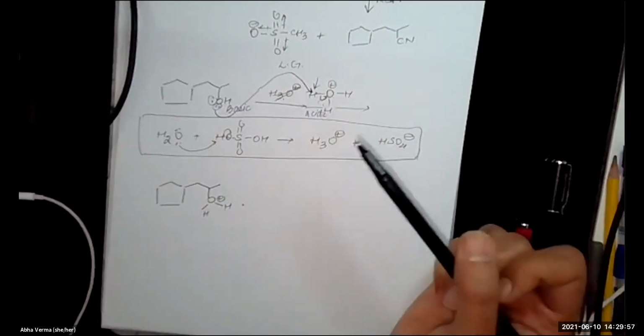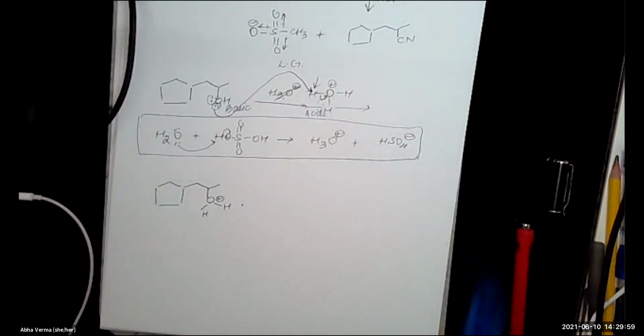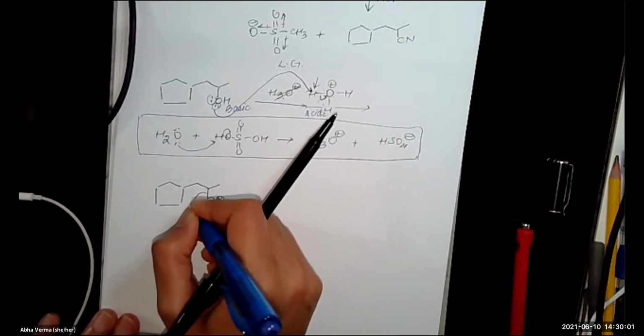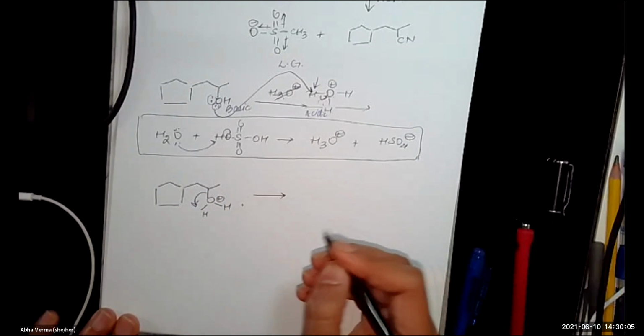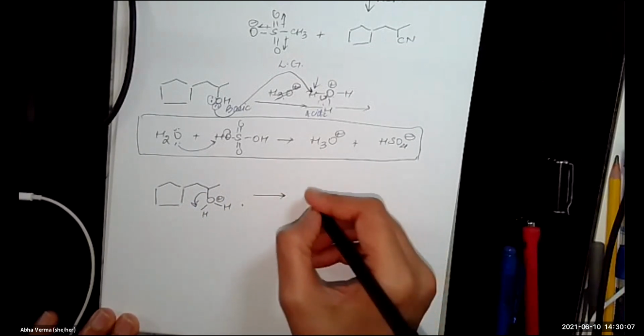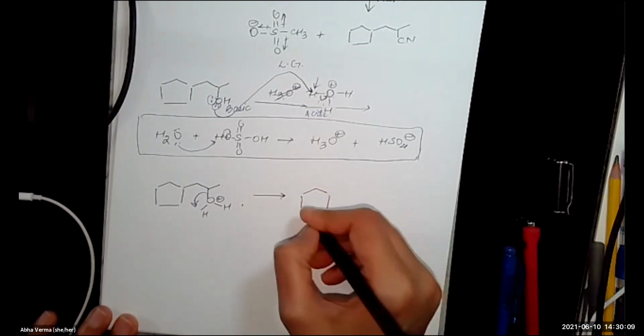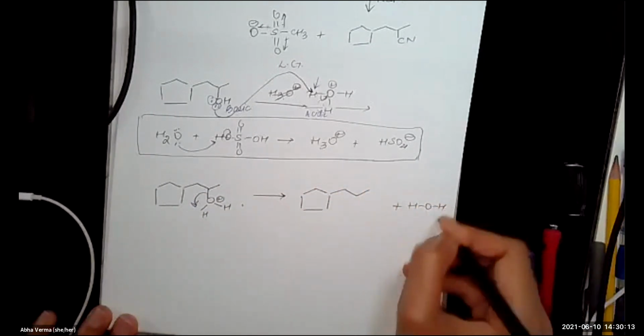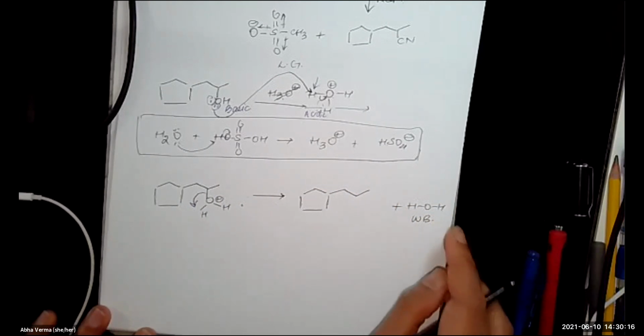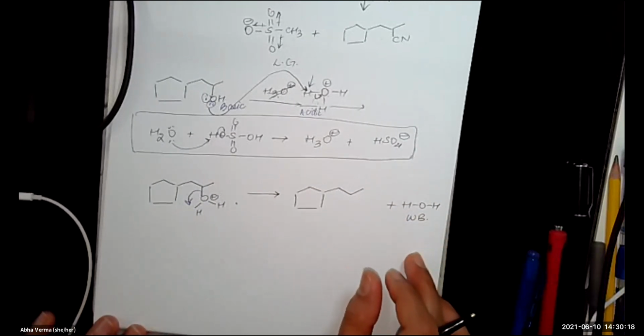This is what this is going to do. The leaving group leaves on its own. And how do you know that this leaving group can exist on its own? Because water is a weak base and it can exist independently also.